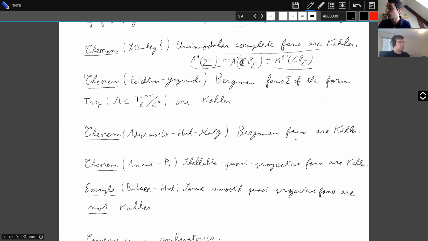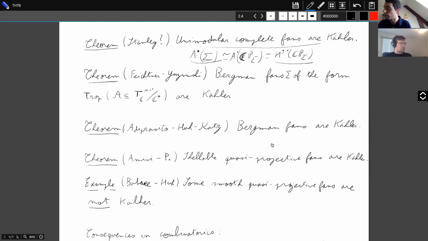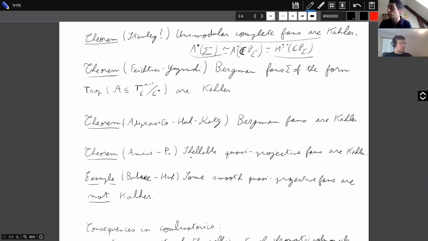But we also have some Bergman fans which do not come from complements of hyperplane arrangements. And these are also scalar, which is a recent result by Adiprasito and Katz. So this has been generalized to generalized Bergman fans, which are fans whose support is the support of a Bergman fan. And with Amini, we generalize a bit more to scalable quasi-projective fans that I will describe later.